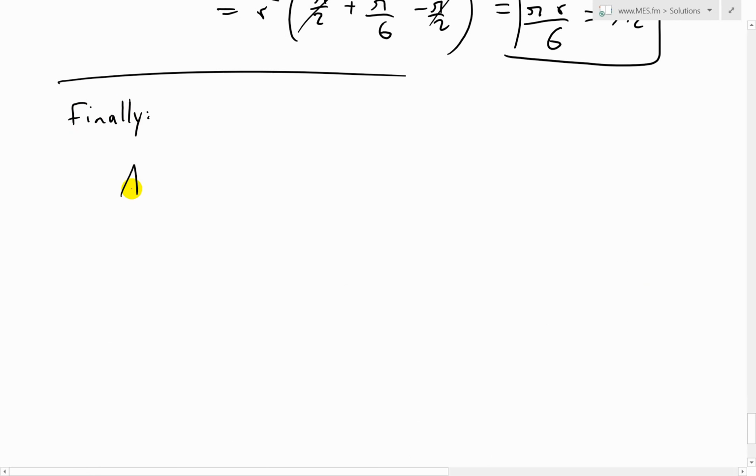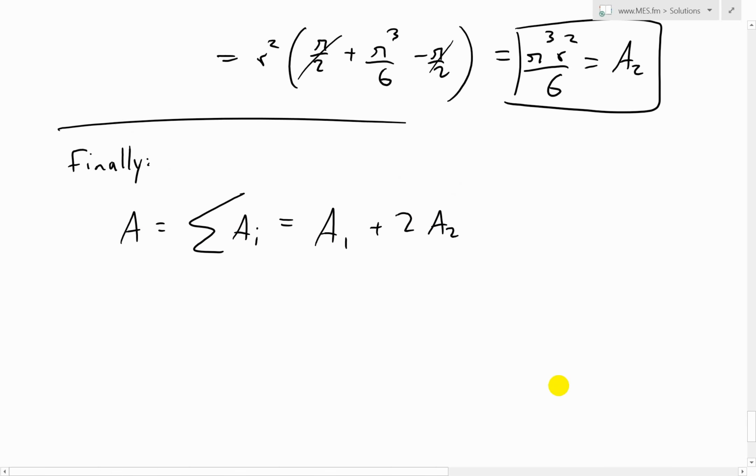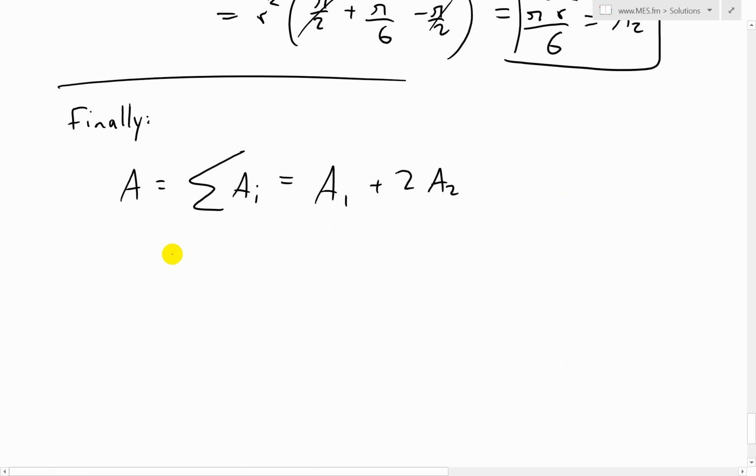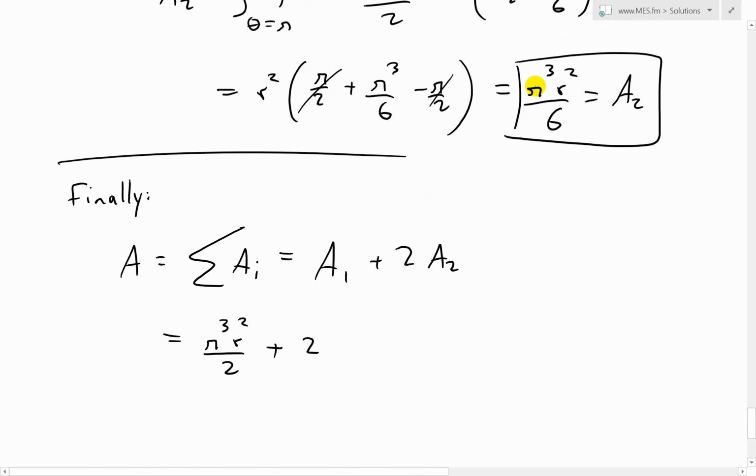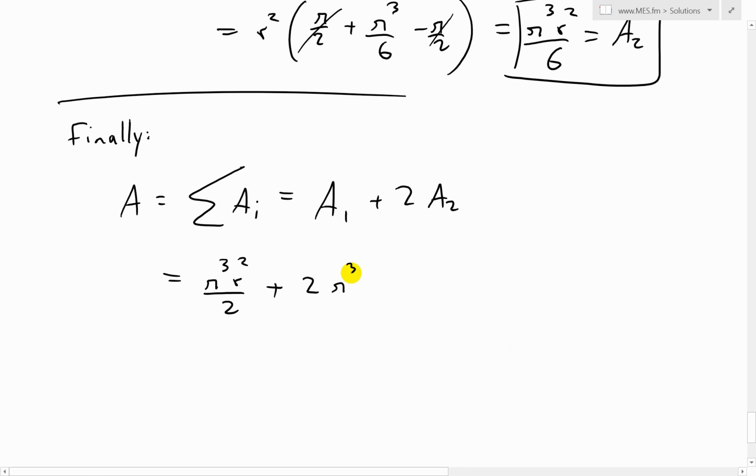So we have the total area equal to the summation of Ai. This is going to be A1 plus 2 A2, where A1 is our pi cubed r squared over 2, because the radius was pi r, and half the circle is pi r squared. Plus 2 times A2, which is pi cubed r squared over 6.